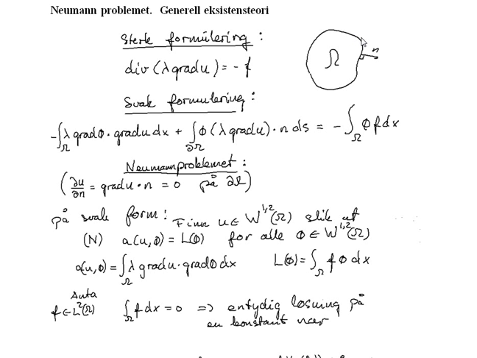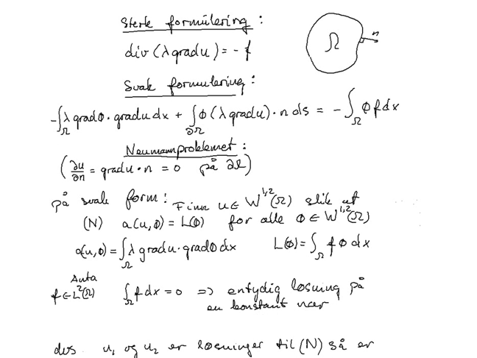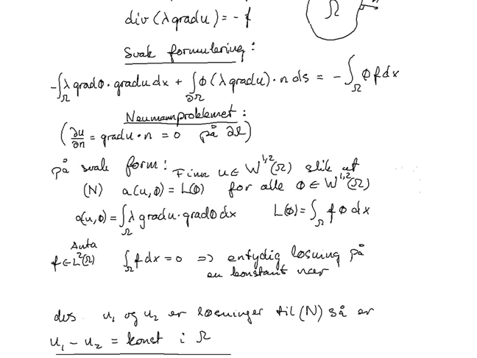Because when we have insulated the boundary, which is the Neumann condition, it's impossible to have a net heat source in the system, because then the heat would build up and the temperature must go to infinity. So from a physical point of view, it is not a strange condition.